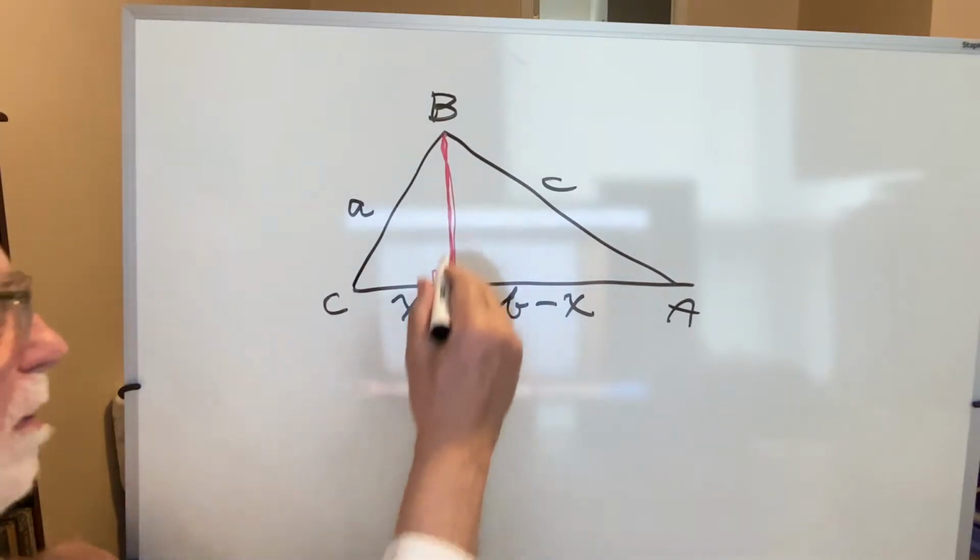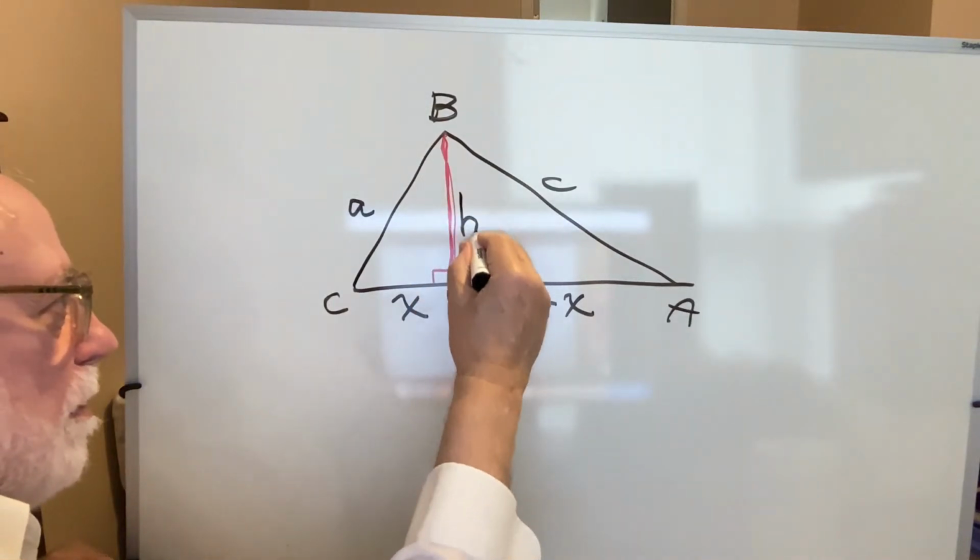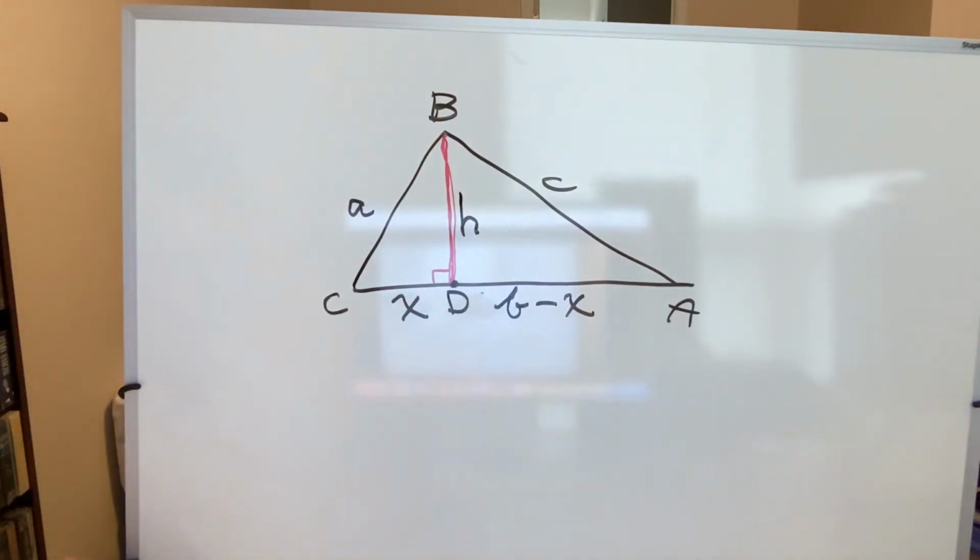Now, the height of the altitude is h. BD is your perpendicular, which is your altitude. The altitude has height h.